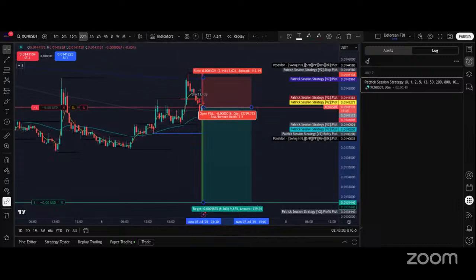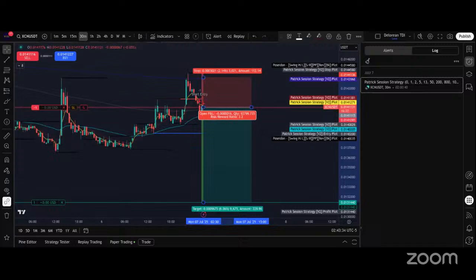Okay. So just going to XCN. On a 30-minute confirmation, risk reward ratio is 3.20. Take profit is 0.0131440.